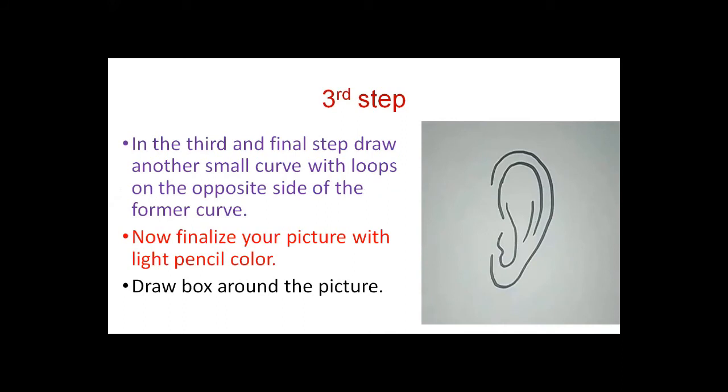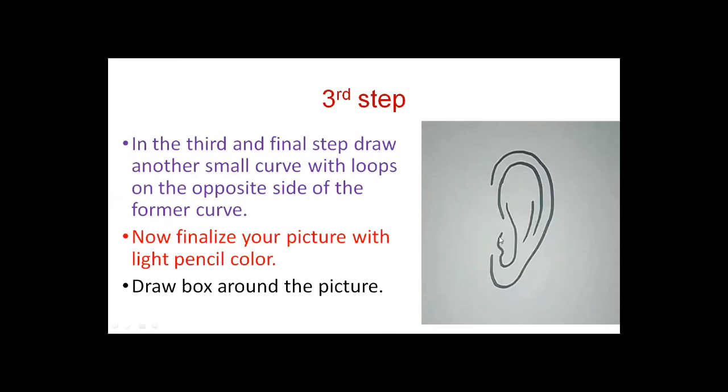In the third step, we will draw our first step, then second step. All the lines are included in the second step. In the third and final step, draw another curve line. This is the another curve line with loops.